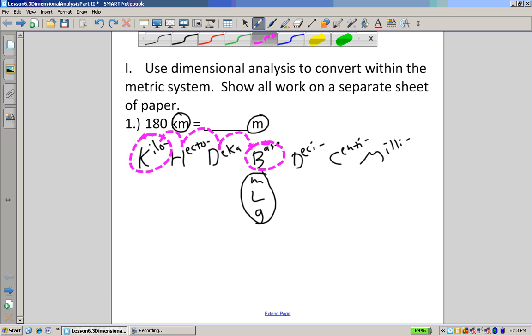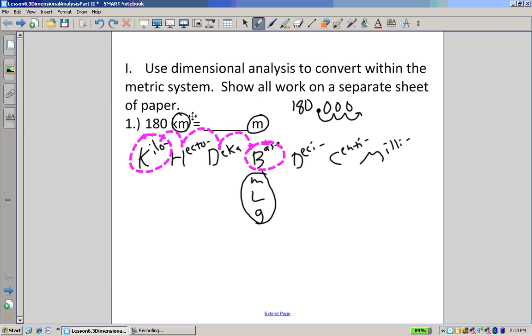So I'm going to take that 180 and move the decimal place, which is right behind the 0, 3 places to the right. 1, 2, 3. And of course I fill this with zeros. That's 180,000 meters.